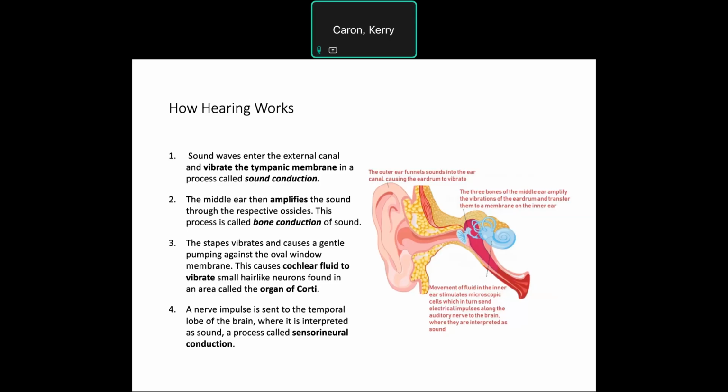The movement of the hair neurons and the movement of the fluid causes a nerve impulse, which gets sent to the temporal lobe of the brain, which then interprets it in a process called sensory neural conduction. So we've changed sound to bone conduction, fluid movement, hair movement. Now it's the nervous system.